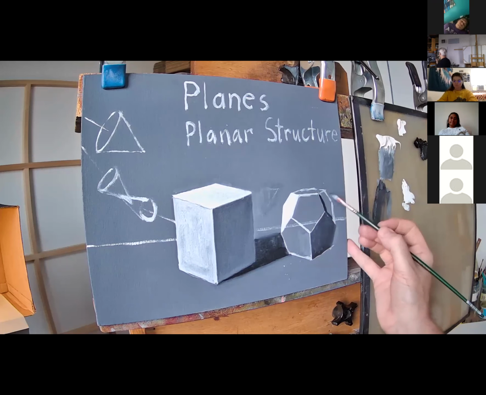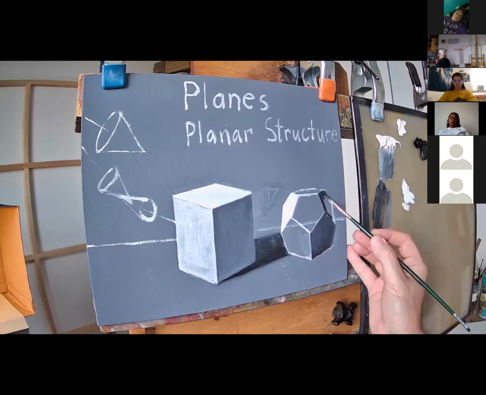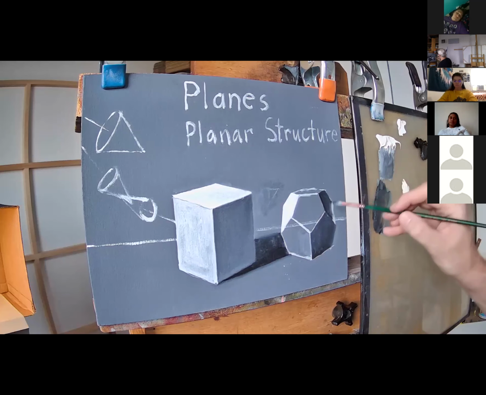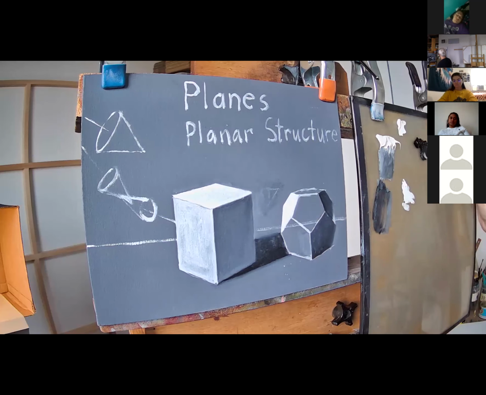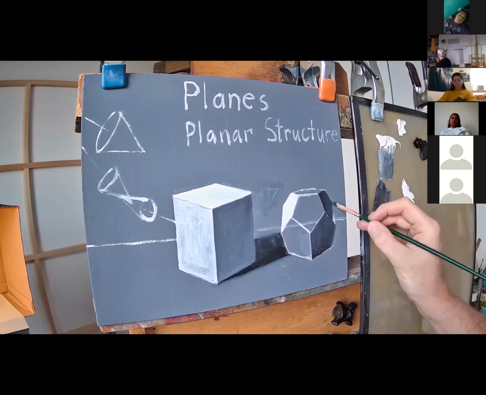And for now, I'm going to make them the same value. We'll revisit that. We'll ask if one of these might be a slightly different value than another when we talk about it with a little bit more complexity. But for now, since these planes are turned completely away from the light source, we can think of these planes as being completely in shadow.